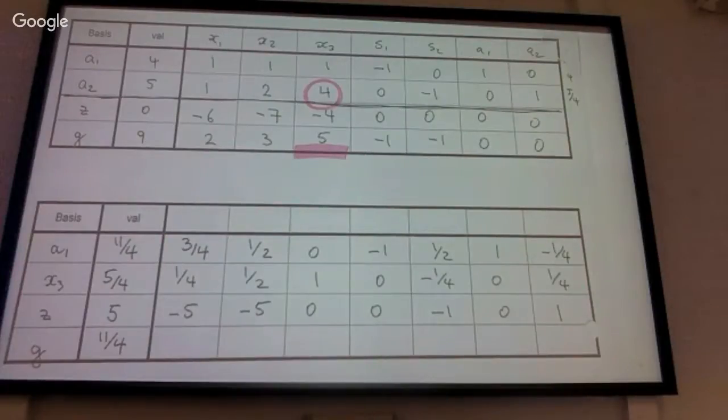Think of them as a matrix, which is the second row is the third.